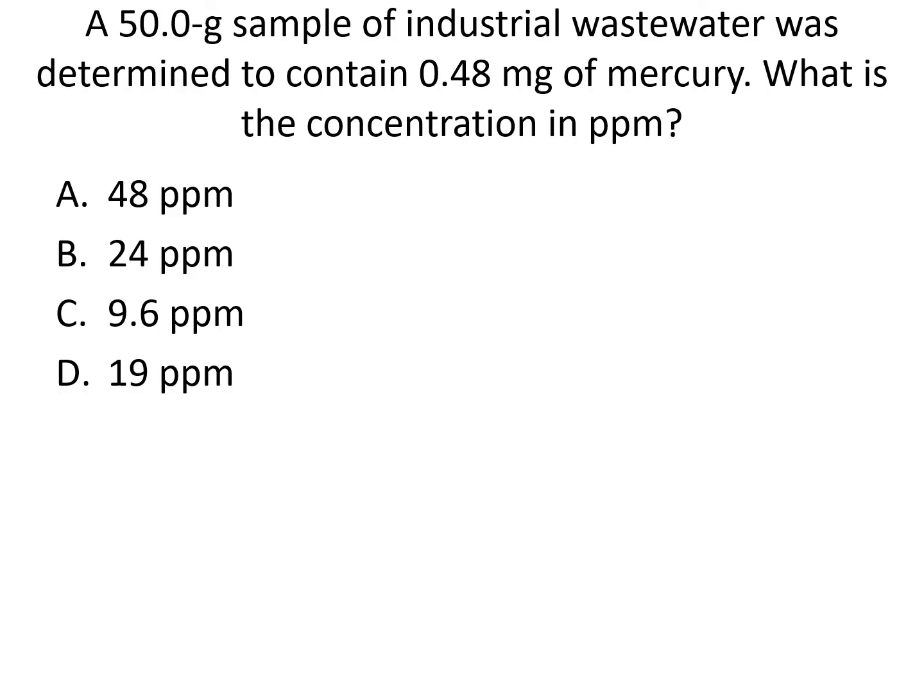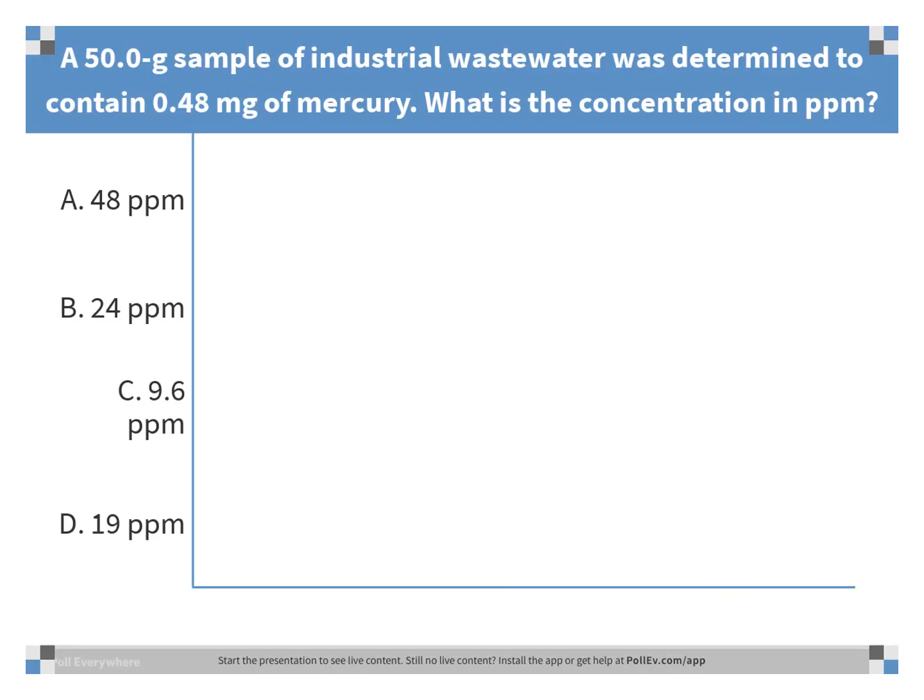In this problem, you're finding the concentration of mercury in a 50-gram sample of wastewater. The correct answer is C, 9.6 parts per million. Notice the masses are different.